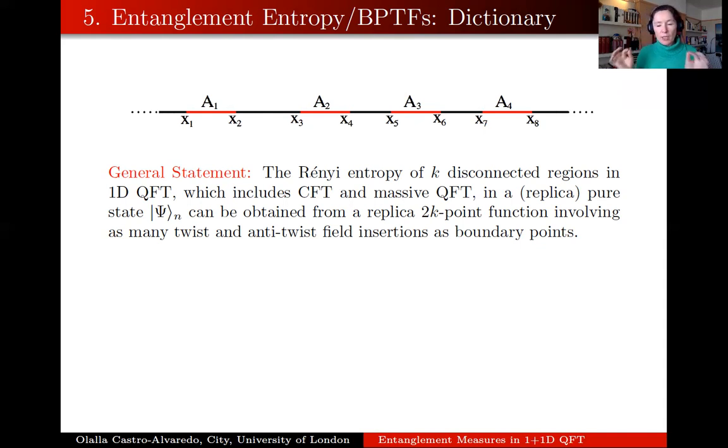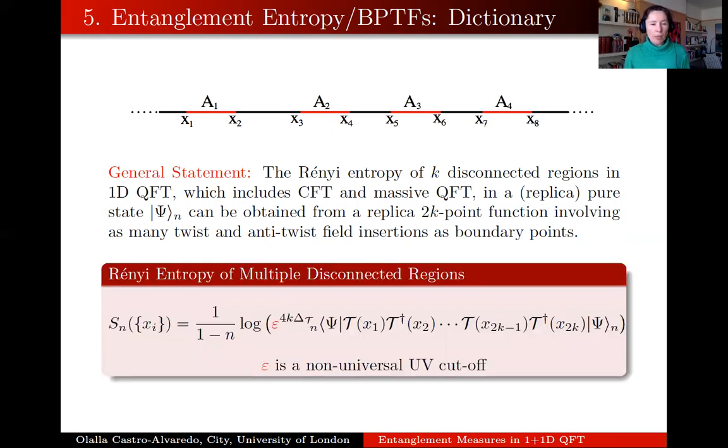Essentially, each boundary point in space corresponds to a field. The more boundary points you have, the more complicated the correlation function you have to compute will be. But in general, you will have a formula such as this. Now in this formula, there is this epsilon here, and this is really a totally optional thing. It's a particular way in which we like to write these measures, just to have a space scale in there.